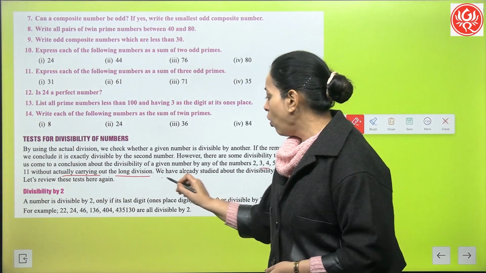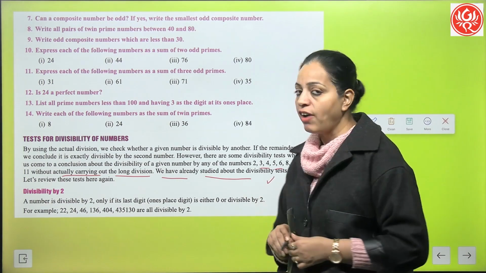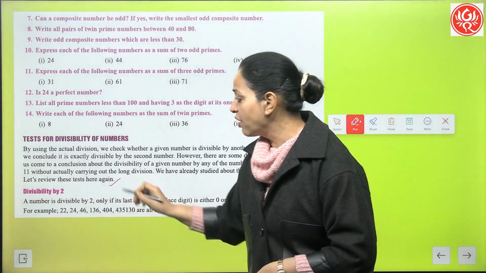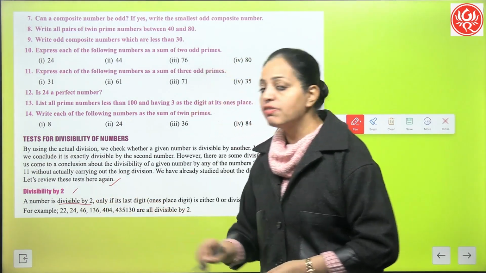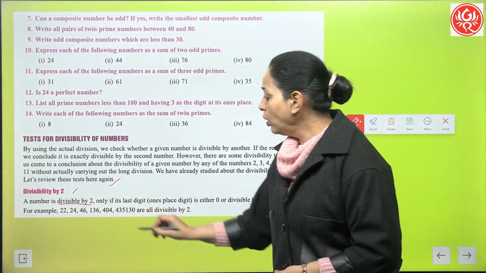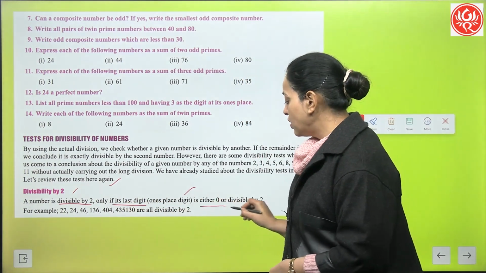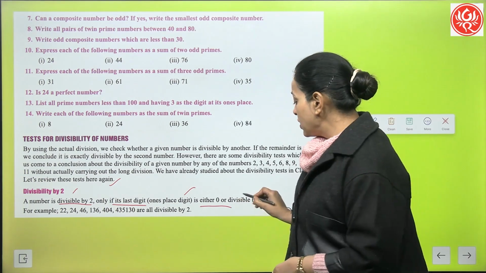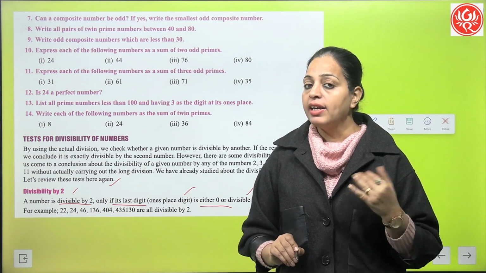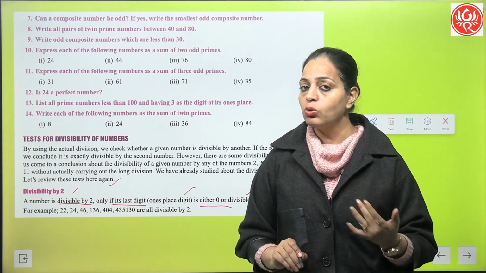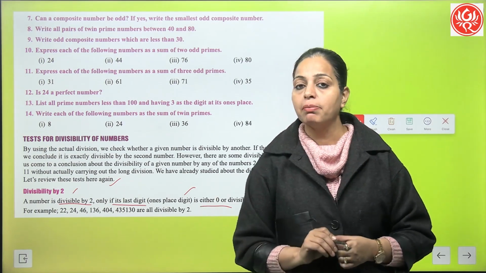So we have already studied about the divisibility test in class 5. So let us see these tests here again. Divisibility by 2. A number is divisible by 2 only if its last digit यानी ones place digit is either 0 or divisible by 2. अगर ones digit 0 है या divisible by 2 है यानी 2, 4, 6 और 8, then the number is divisible by 2.